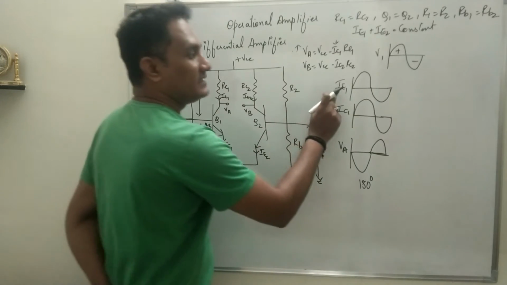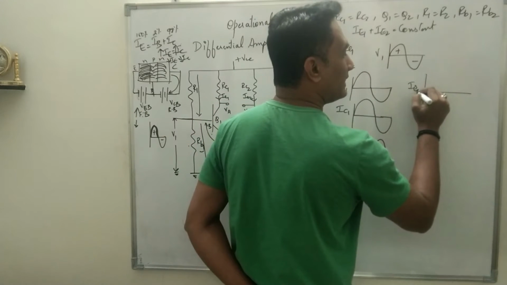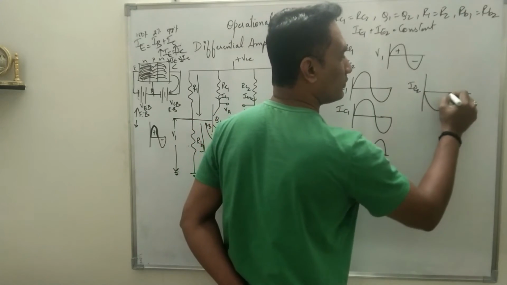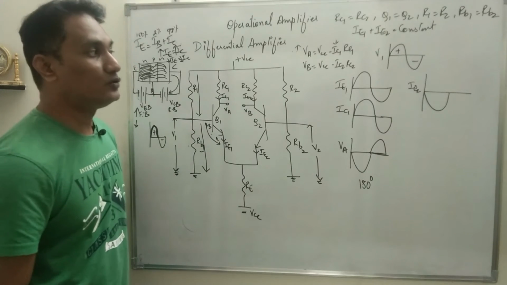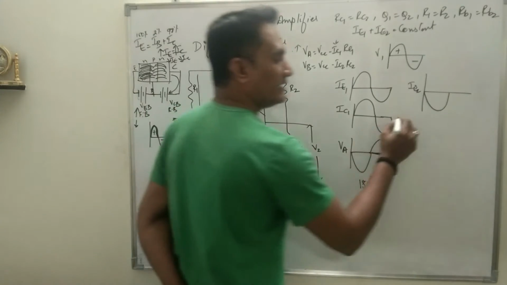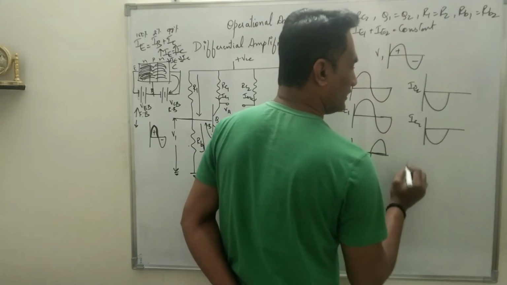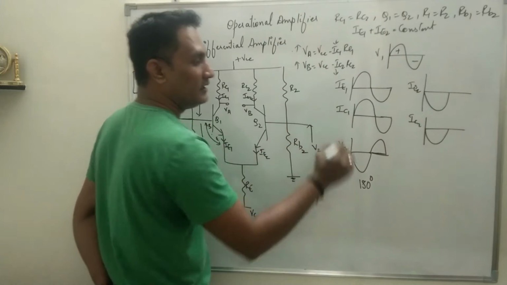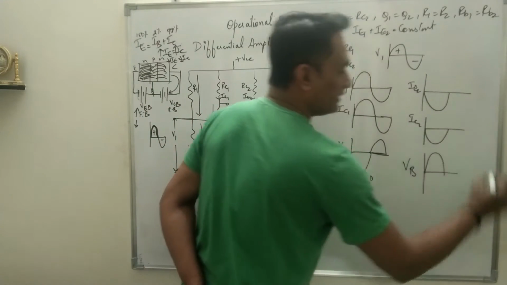As IE2 is equal to IC2, IC2 will also decrease, and if IC2 decreases, VB will increase.